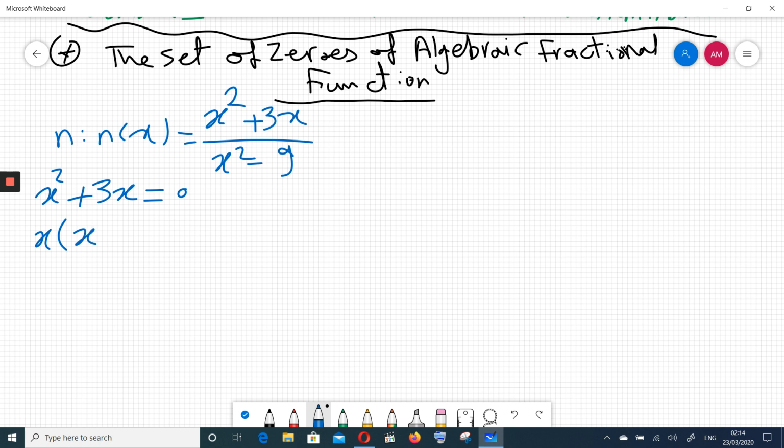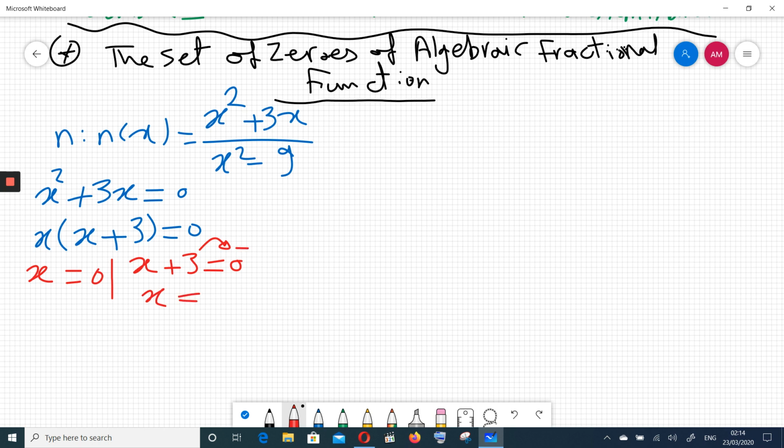So x power 2 divided by x equals x, plus 3x divided by x equals 3. All of those equal 0. After that, we divide this into two parts. The first part, x equals 0, or the bracket x plus 3 equals 0. Plus 3, we take it to the other side to be minus, so x equals negative 3. This is for our numerator.